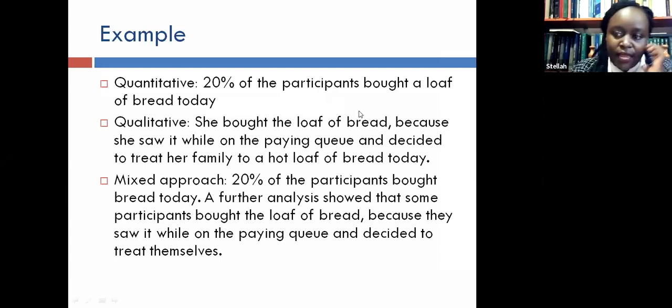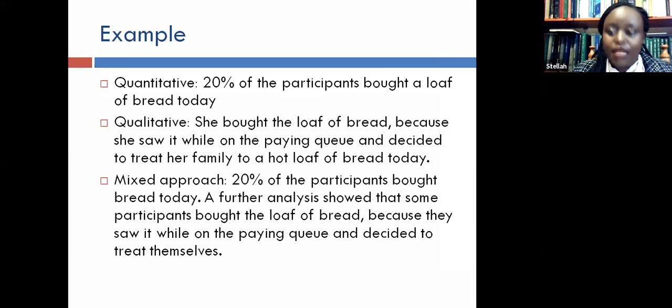But if you're looking at the qualitative approach, you have to come and explain. She bought the loaf of bread because she saw it on the shelf and thought of treating her family with a loaf of bread. So for qualitative, you're expressing it in terms of words. Quantitative, you go direct to the numerical explanation of the observation.